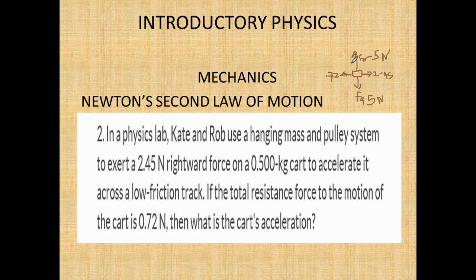All right. So we can determine the net force because the force of gravity and normal force balance. The net force to the right would be 2.45 minus 0.72, and that is equal to 1.73.